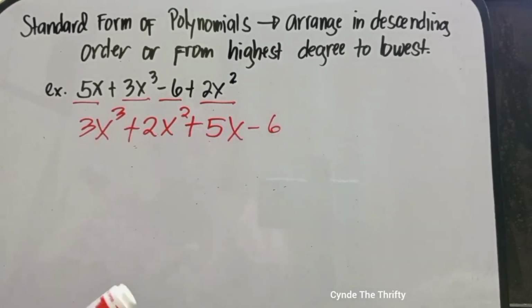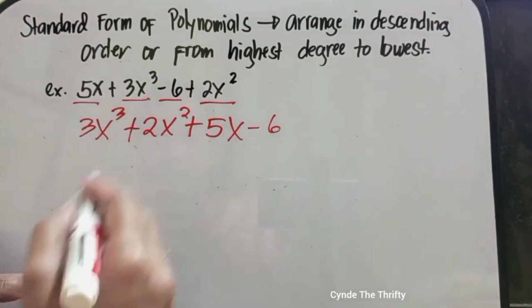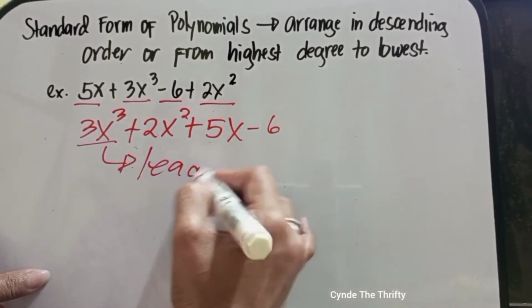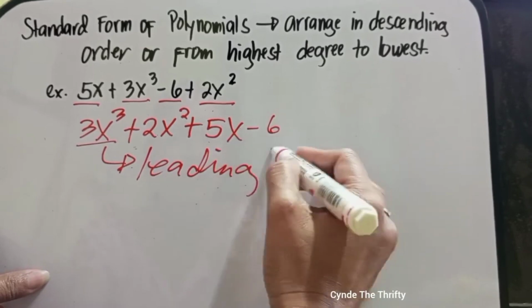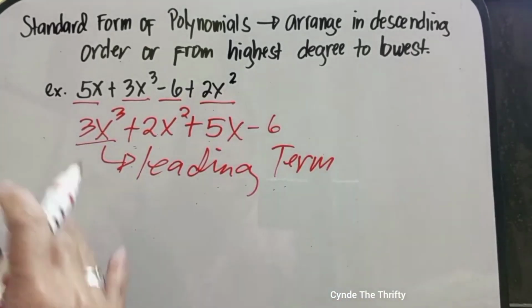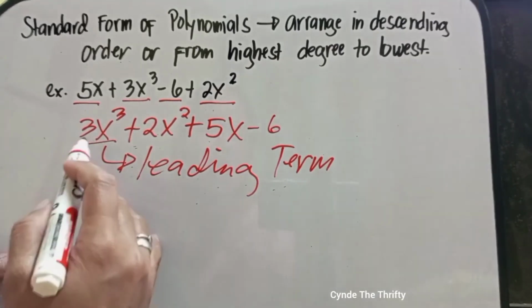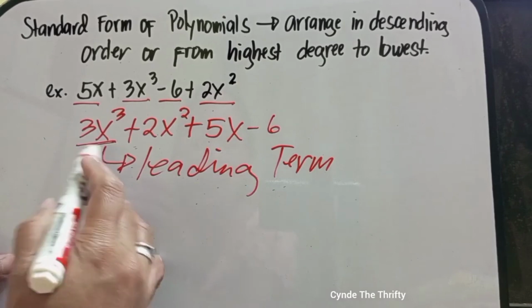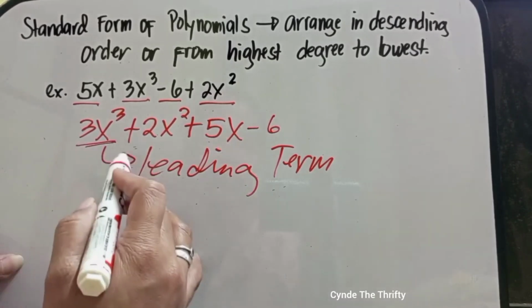Ngayon naman, ano ang tawag sa ating first term? Itong first term natin, tinatawag natin itong leading term. Okay, so tatandaan natin na lahat ng first term ng polynomial kapag naka-standard form siya, ang tawag natin sa ating first term is leading term. And ang ating leading term ay meron siyang numerical coefficient and literal coefficient.